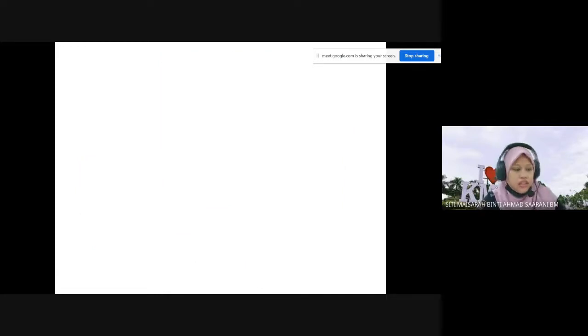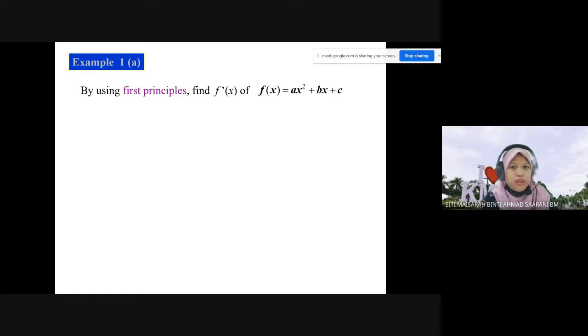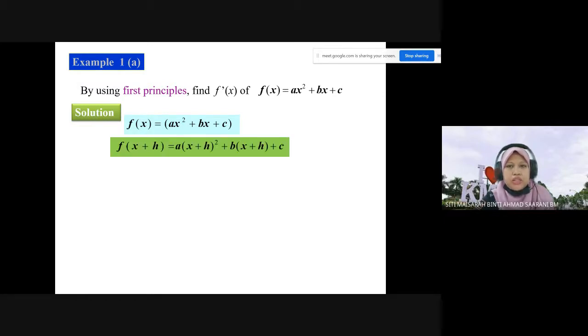Okay, let's look at example 1. This is example 1a. By using first principle, find f prime x of f(x) equals ax squared plus bx plus c. The question asks to use first principle, so you need to use first principle. The formula of first principle is f prime x equals limit h approaches 0, f(x plus h) minus f(x), over h. Then you need to state f(x) and f(x plus h) first.